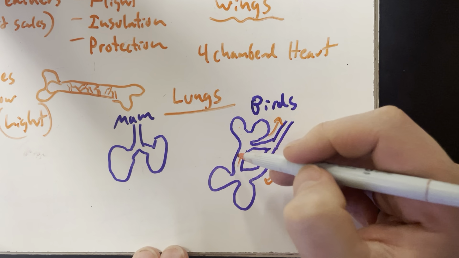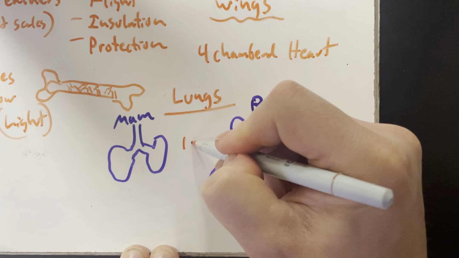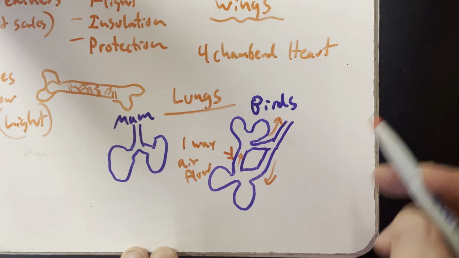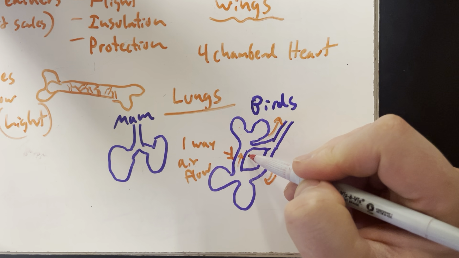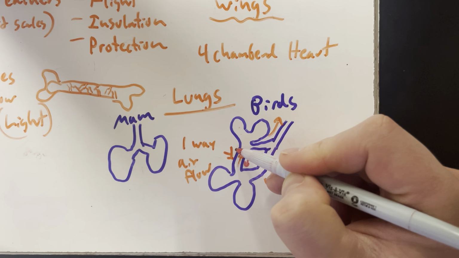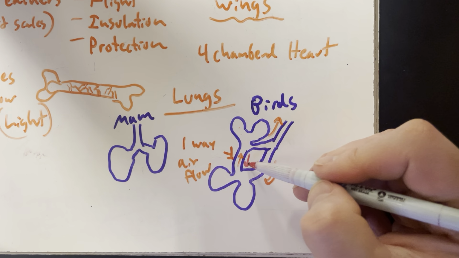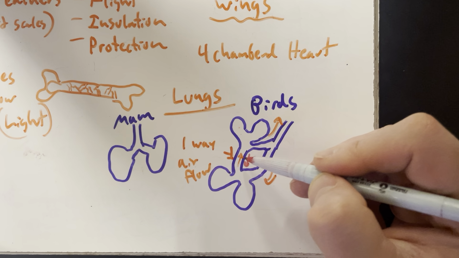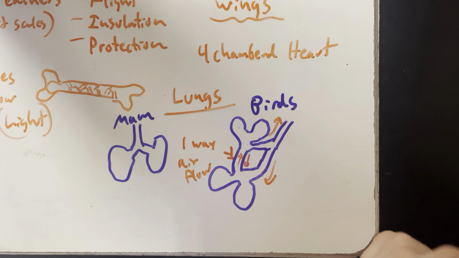And that's really valuable because then they have this section of one-way airflow. And since there's one-way airflow, they can do a countercurrent exchange. Their blood can go in this direction. The air is going in this direction. And they can actually exchange about 95% of the oxygen in their lungs with the oxygen in the air.